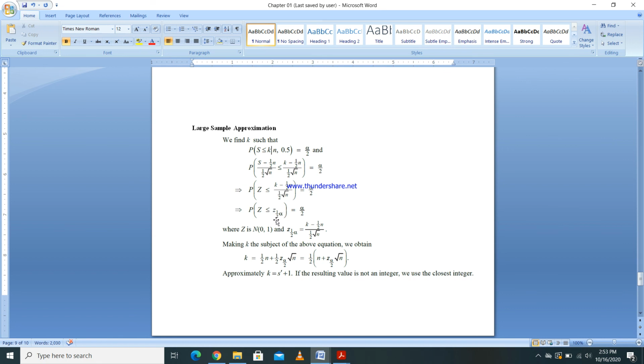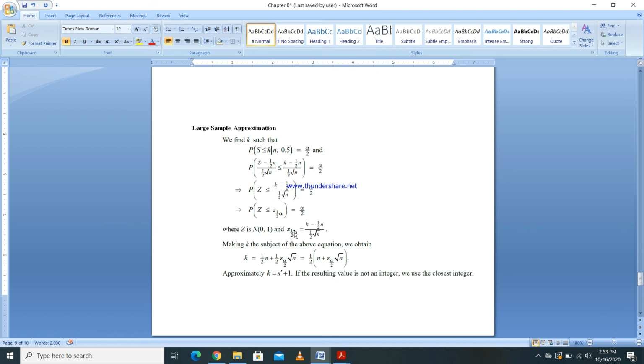That is, you have to read the point where the probability from that point to minus infinity is alpha divided by 2. If you find that from the standard normal distribution, Z alpha by 2 is equal to this term.